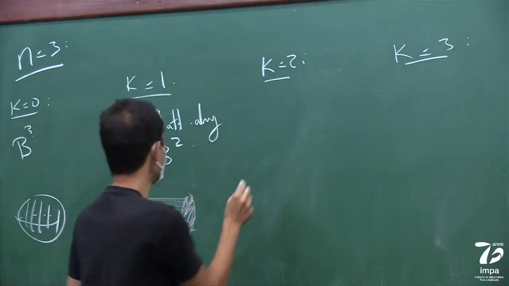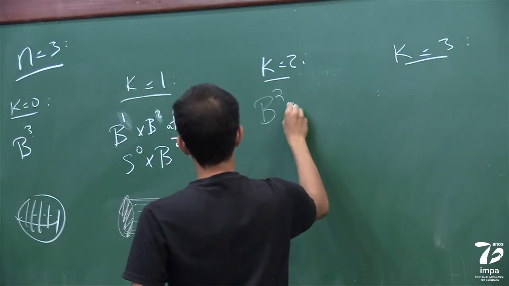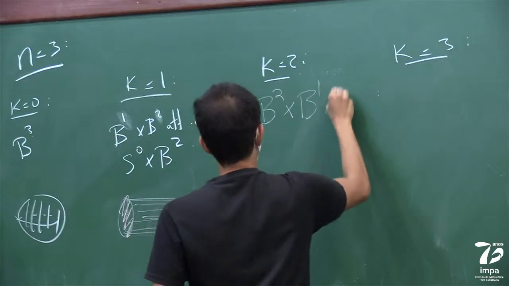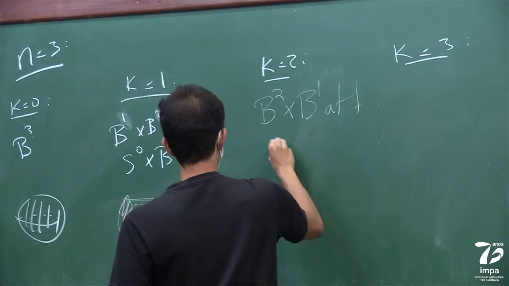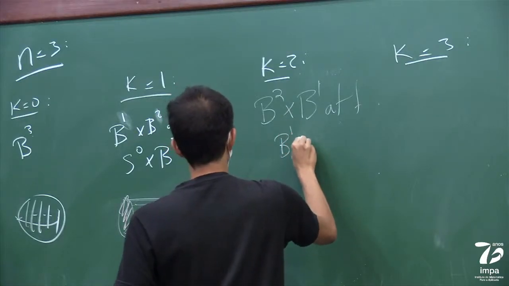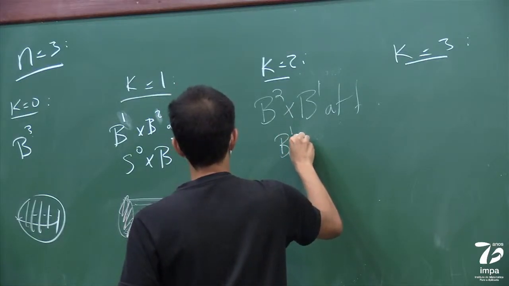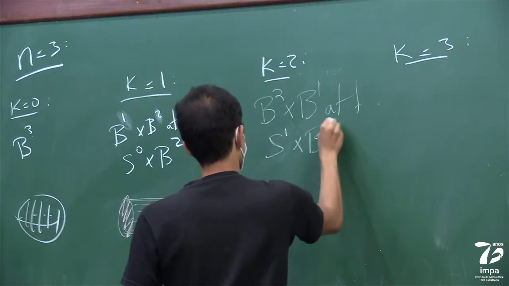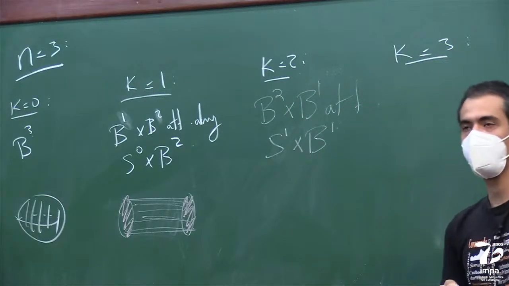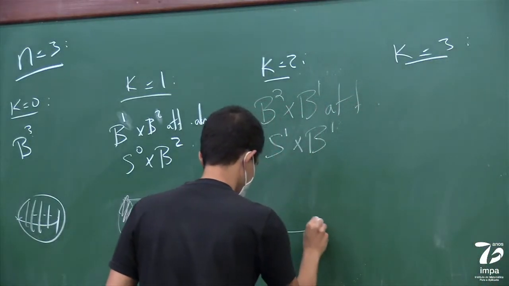Okay, for k equals 2, it looks the same, but it's a B2 times B1 that's attached along S1 times B1. So maybe I'm going to draw the picture like this.